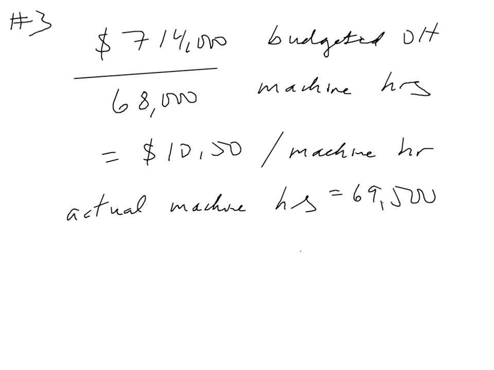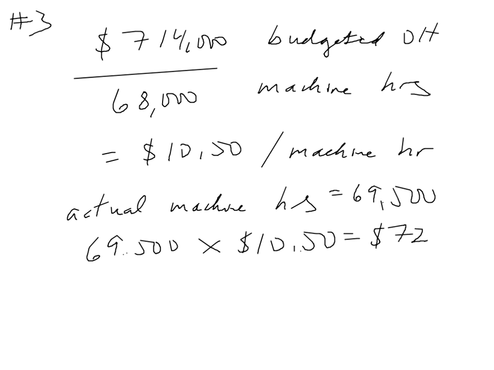So how much overhead did we apply? We applied 69,500 machine hours times $10.50. So we actually applied $729,750 overhead. Okay, and how much overhead did we actually incur?